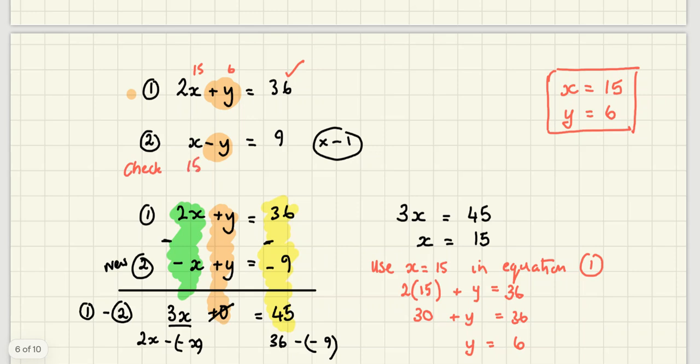So we've got 15 subtract 6 should equal 9, and it does. So both of those numbers work in both of those. Now, you can do that check mentally. You don't have to write it out, but it's worth doing.